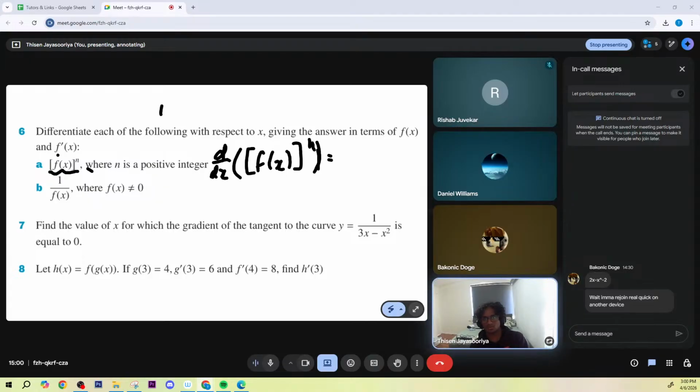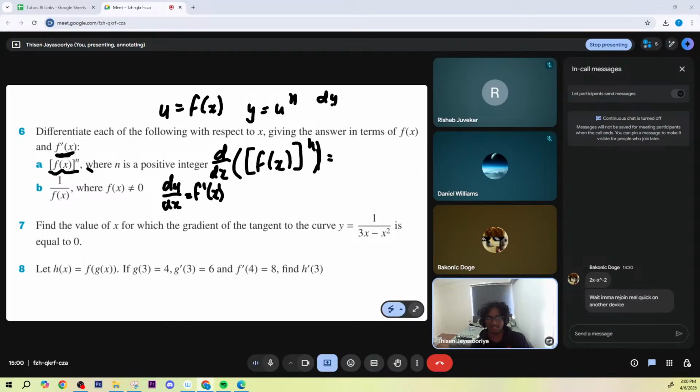Let u equal f of x, which means that y equals u to the power of n, correct? That means du on dx equals f dash of x, because we can have this in terms of f dash of x. And dy on du equals n u to the power of n take away 1, correct? Does that make sense for the two of you as well?